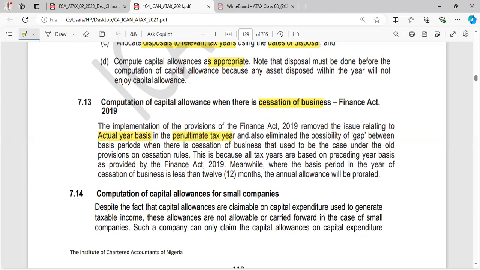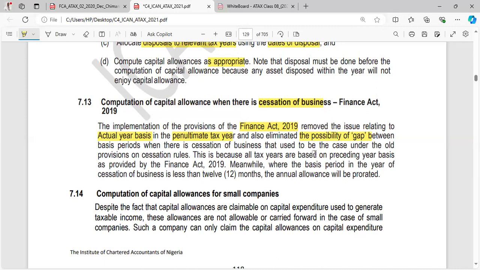Normally, in penultimate year, we usually compare our assessable profit calculated on preceding year basis with the one we calculate on actual year basis. But Finance Act 2019 removed actual year basis from the equation and also eliminated the possibility of a gap between basis periods when there is a cessation of business, which was usually the case in the old one.